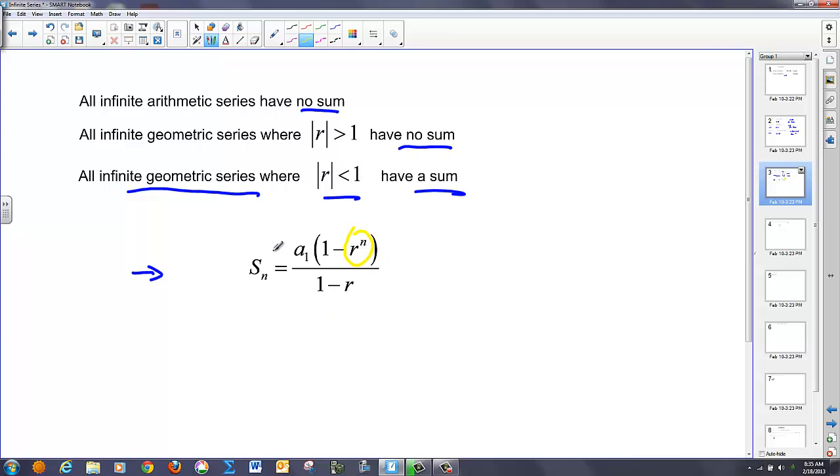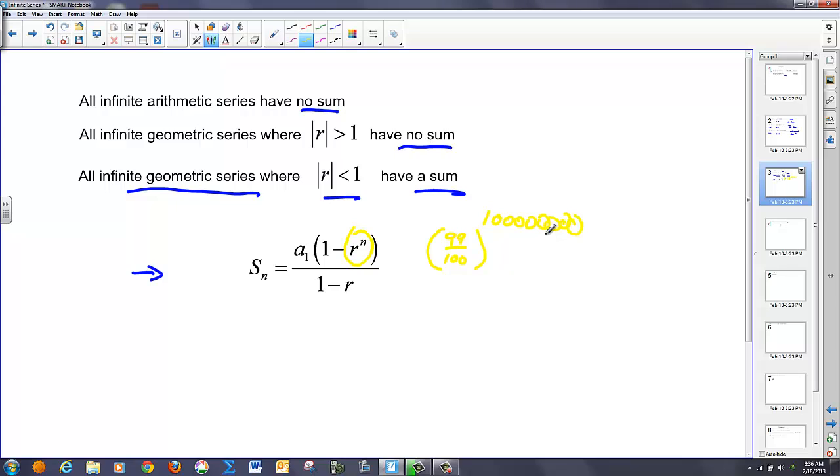And we know that if r is less than 1, then I'm going to raise some fractional value to the infinite power. So if I raise some fraction, let's call it 99 over 100, to the millionth power.